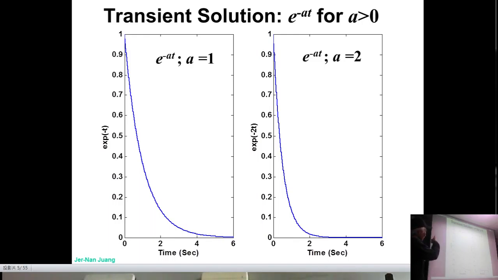For this case, A equal to 2, the system will decay faster than A equal to 1. That's true, right? This is only for a first order system. We are not talking about second order here. For a first order system, A can be negative, can be positive. If A is positive, then we call the system what? Unstable.